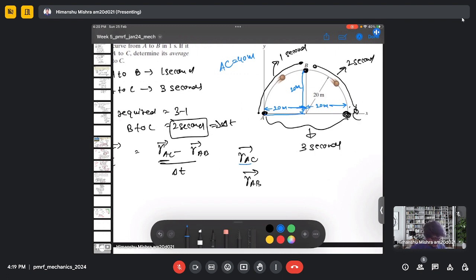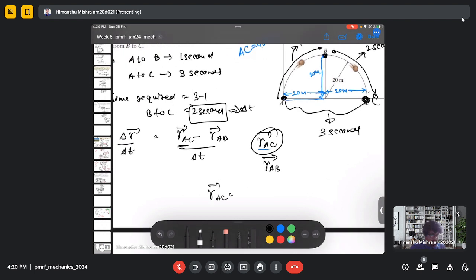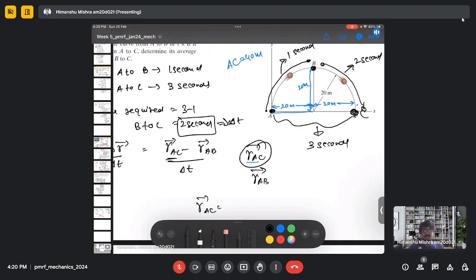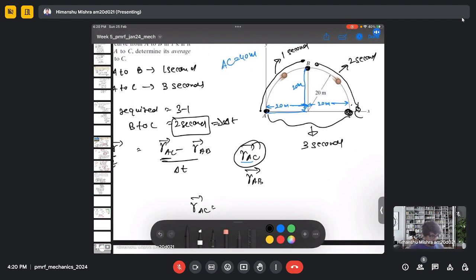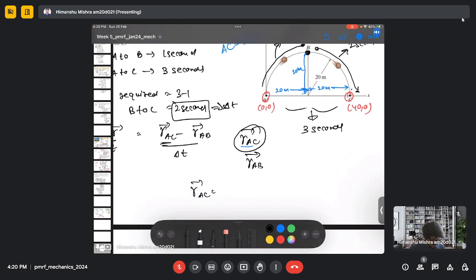So this displacement vector should give the displacement from point A to point C. So at A I have a distance 0, 0, and at point C I have a distance 40, 0. So my displacement vector AC will be 40i plus 0j.